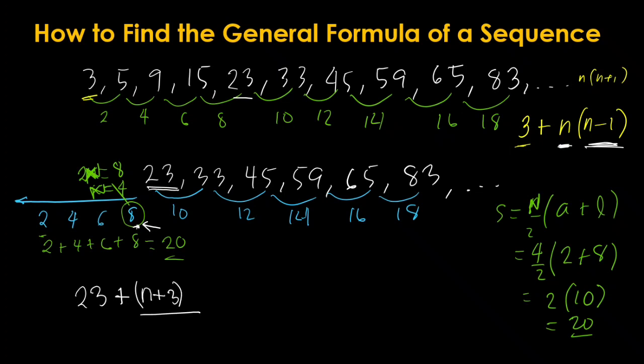This becomes 4. Sorry, actually we're using this formula here. This is the general formula that we're using. So it's going to be n plus 1. Since our n is n plus 3, n plus 3 plus 1 is n plus 4.